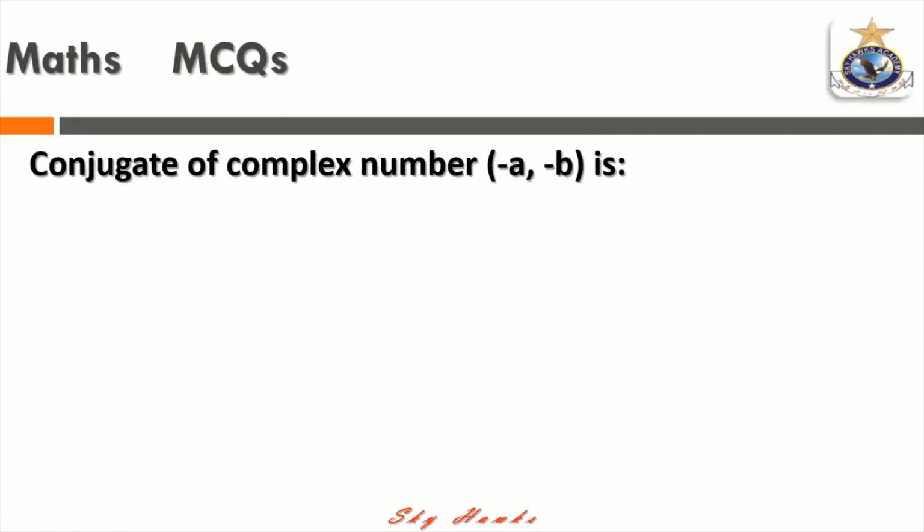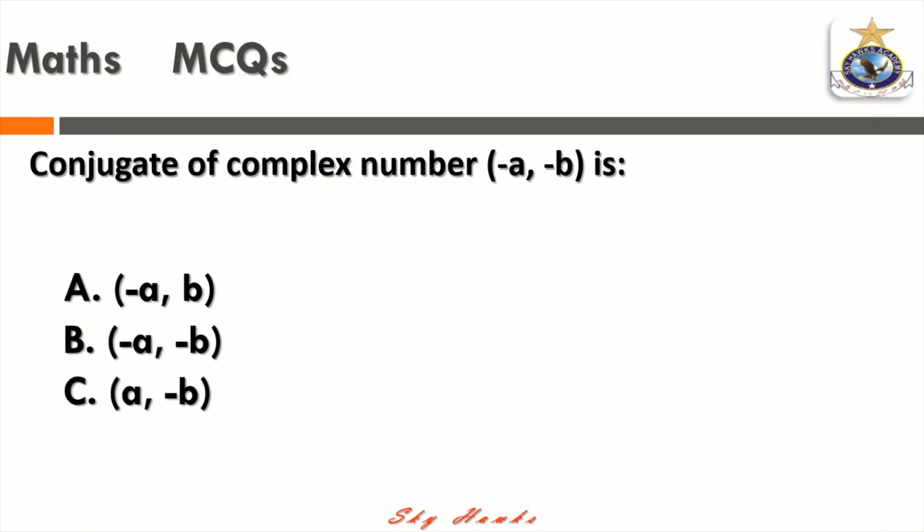Okay, please read this question. The conjugate of the complex number minus A minus B is? So let's see the options. A, B, C, and the last one is this. So which one?